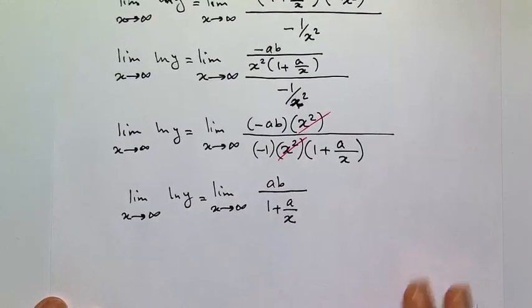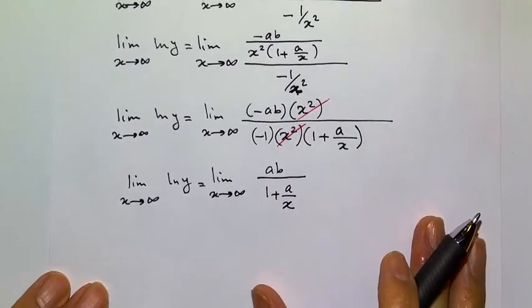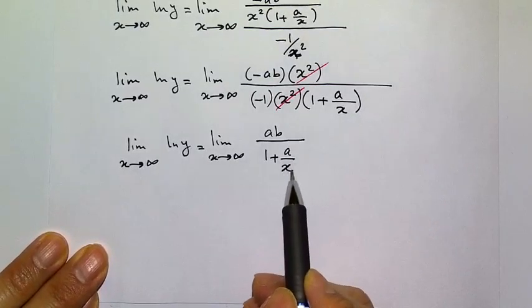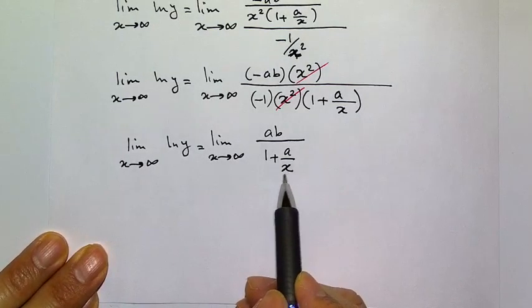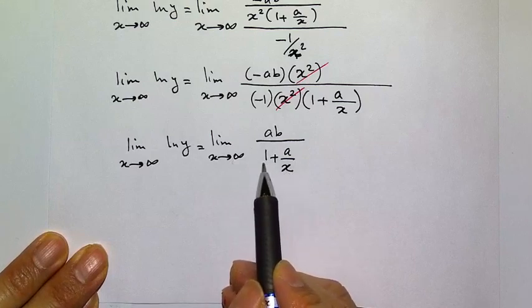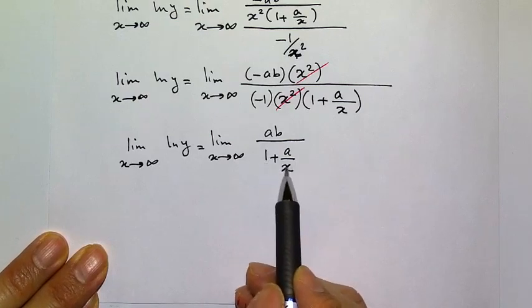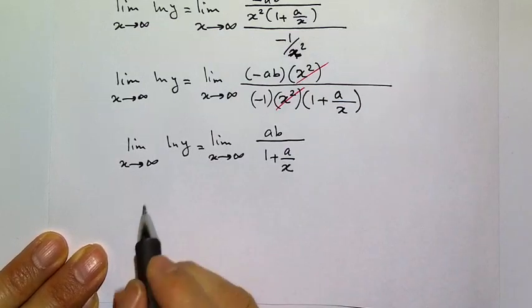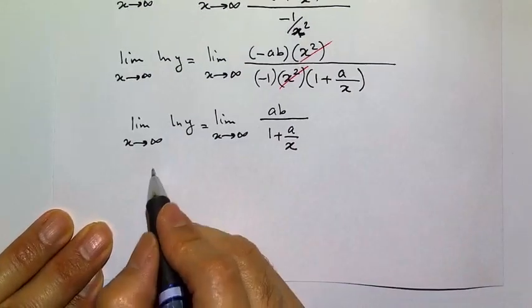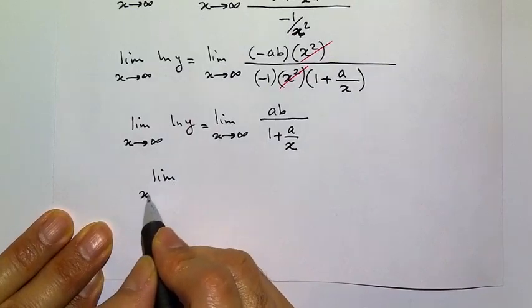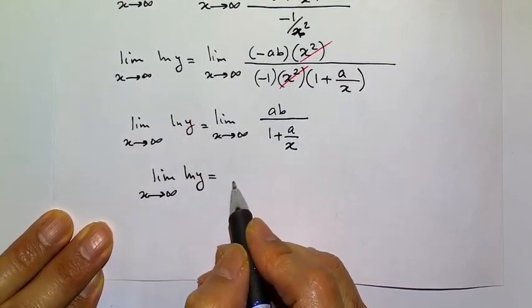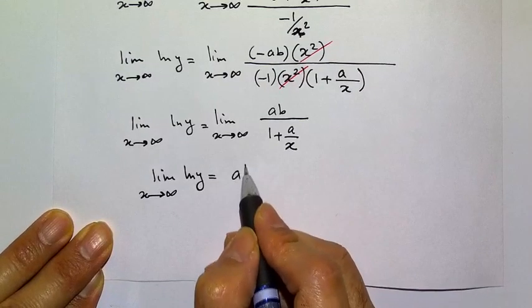So if you apply the limit at this point, what are we going to get? This term will drop out, right? This term will reduce to 0. A divided by infinity will be 0. 1 plus 0 is 1. ab over 1 is just ab, right? So we get limit as x goes to infinity of natural log of y is equal to ab.